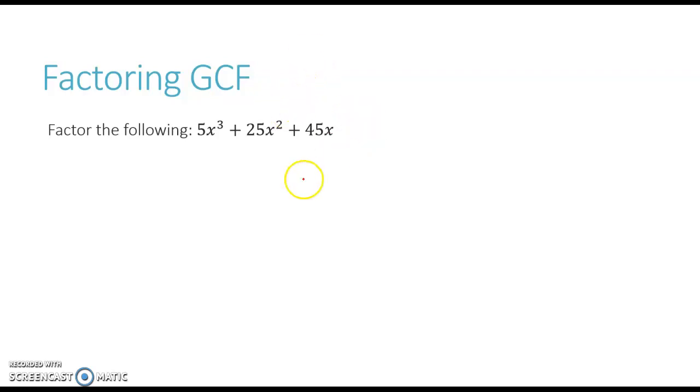Each of these is divisible by 5, so I'm going to divide out a 5. All three of these also have x's. And this is what I have always told my Algebra 1 students: you want the biggest number that can come out of all of them, but you're going to take the smallest exponent.